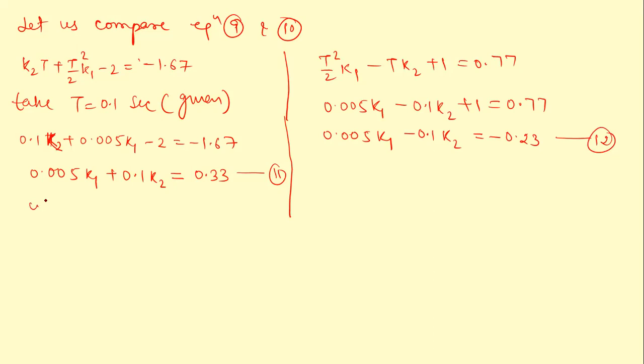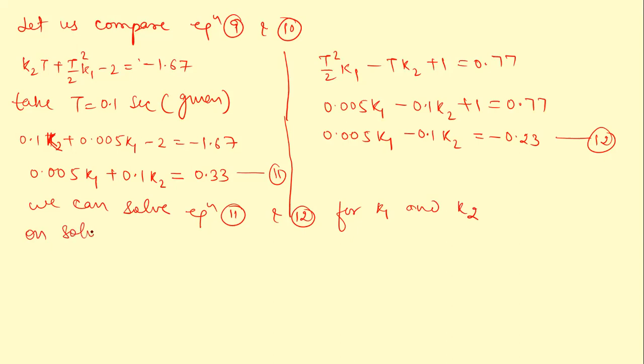So we can solve equation 11 and 12 for k1 and k2. On solving equation 11 and 12, we get k1 is equal to 10 and k2 is equal to 2.8.